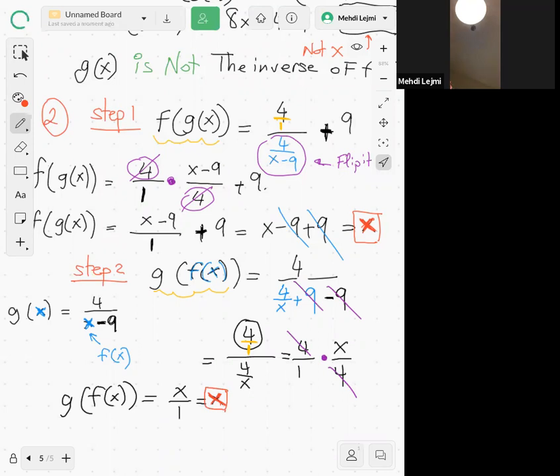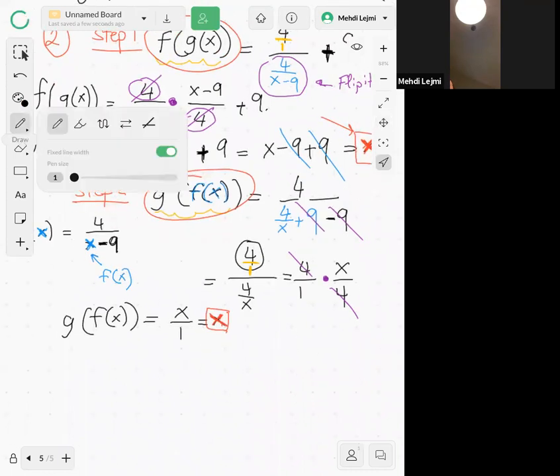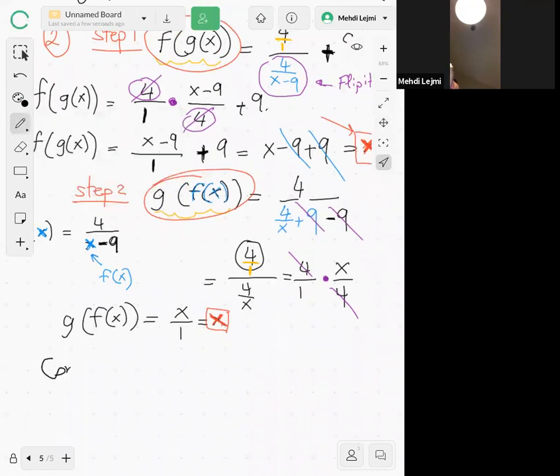Okay, so for both, for step 1, f of g is x, and for step 2, g of f is also x. So both are equal to x. So then yes, g is the inverse of f. So conclusion: g of x is the inverse of f.